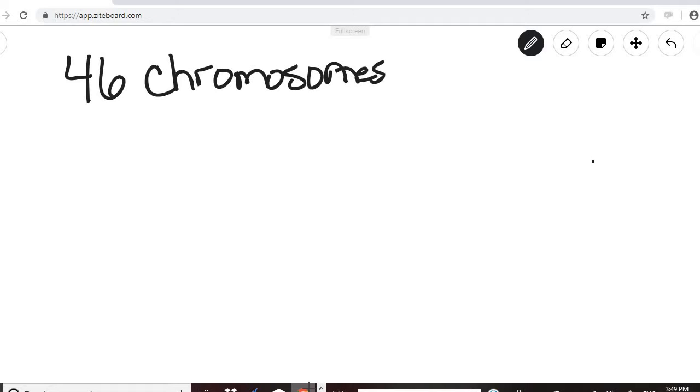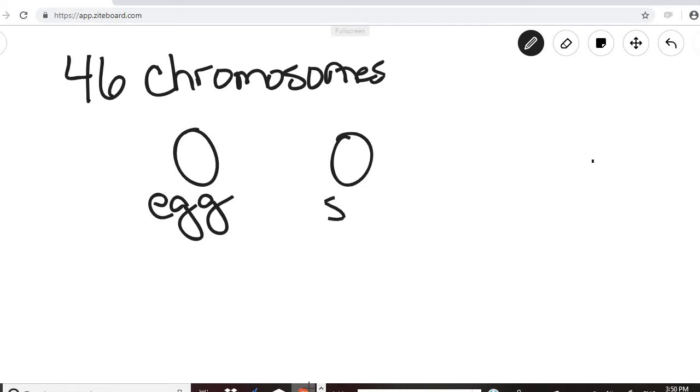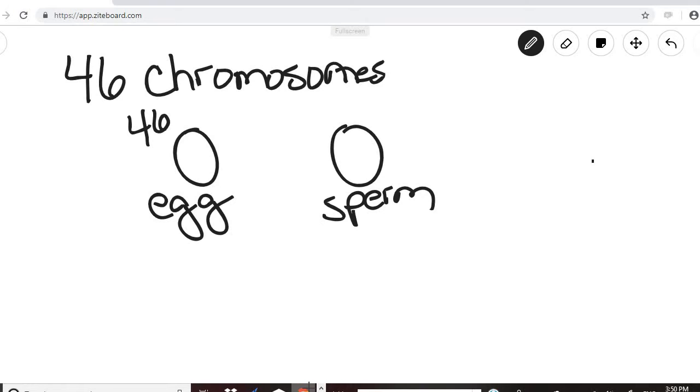in sexual reproduction, you have an egg and you have a sperm. Well, if this egg had 46 chromosomes, and if the sperm had 46 chromosomes, then when these join together, you would end up with 92 chromosomes.